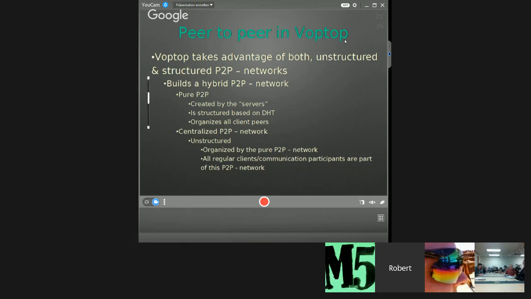The centralized peer-to-peer network around this peer-to-peer network is again an unstructured peer-to-peer network, and that's formed by the usual clients. So if you use the Voptop messenger, this is one of the centralized peers, which are forming the unstructured peer-to-peer network around the peer-to-peer network.